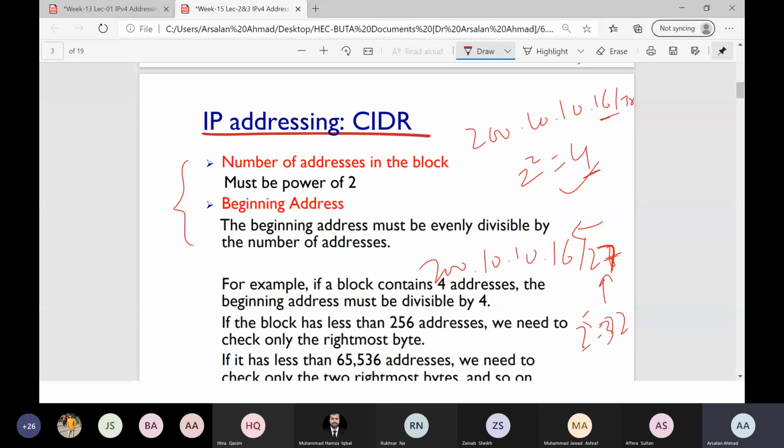Is the beginning address evenly divisible by the size of the block? No, it is not. So this is a wrong thing to write in classless addressing. So the number of addresses must be a power of 2, and the beginning address must be evenly divisible by the number of addresses. You have to take care of these two rules when you do classless addressing.